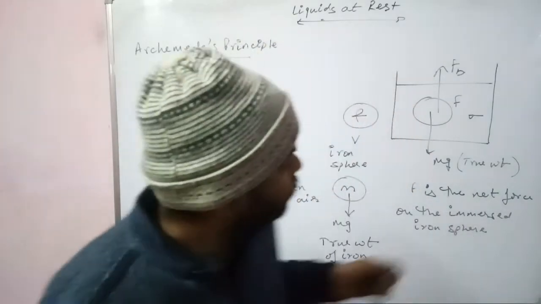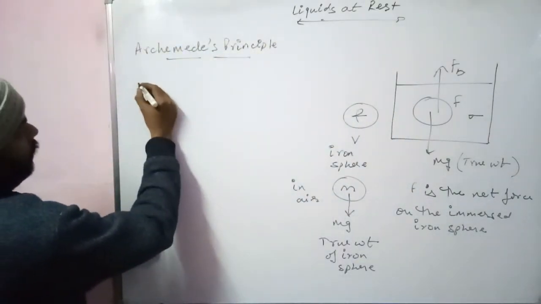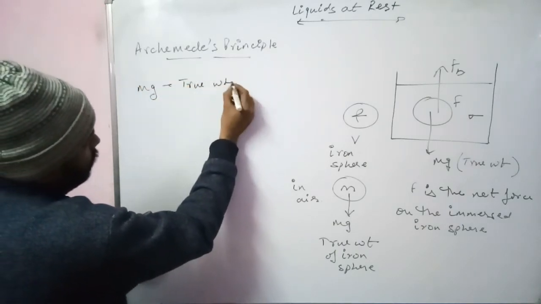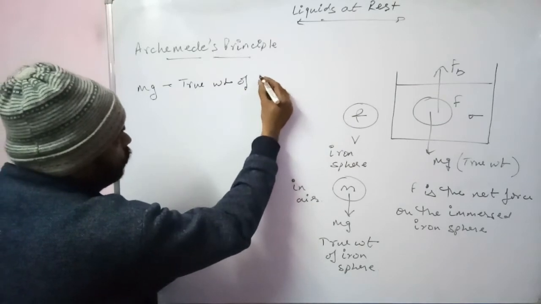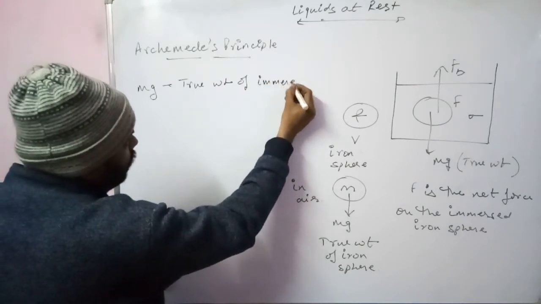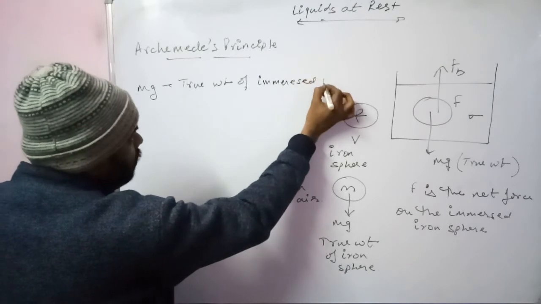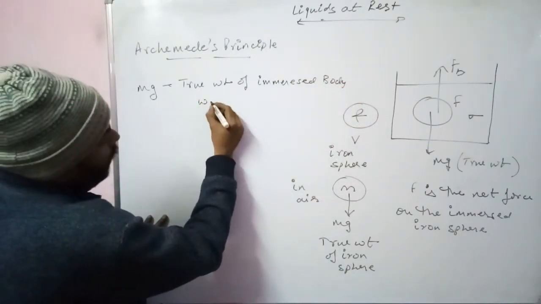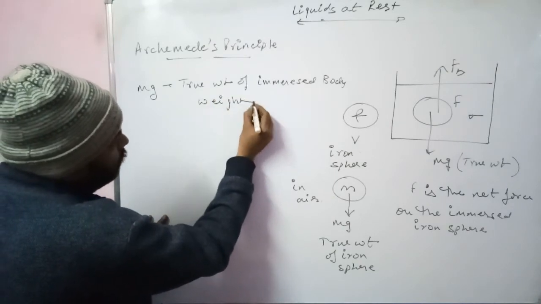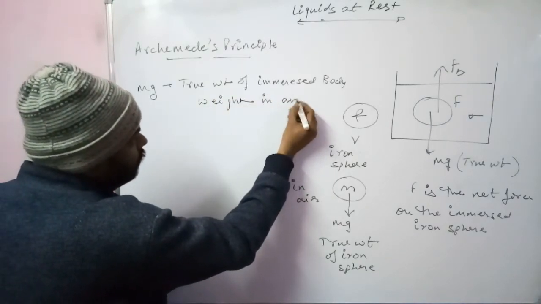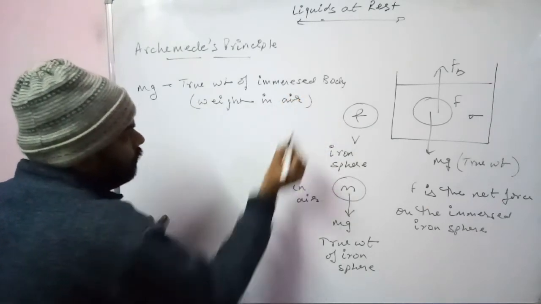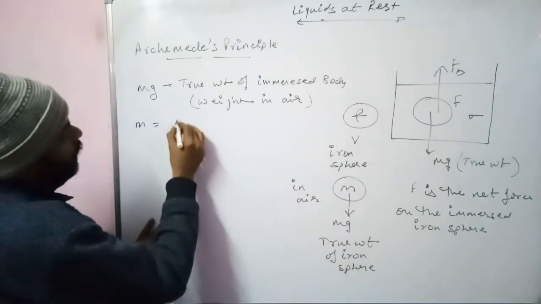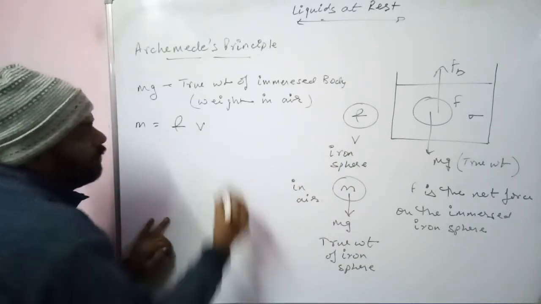नेक्स्ट लाइन में लिखें. Say mg is the true weight of the immersed body, that is the weight in air, where this m is the mass of the iron sphere and it is the density multiplied with the volume.